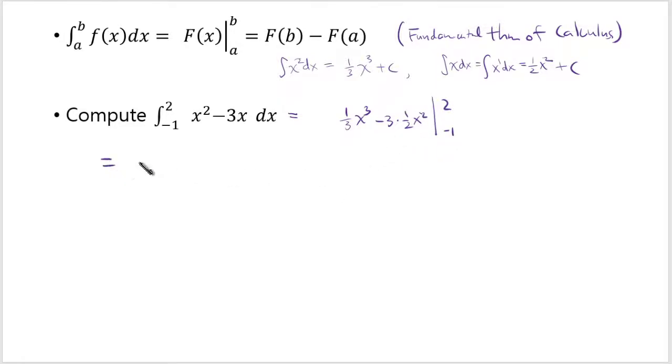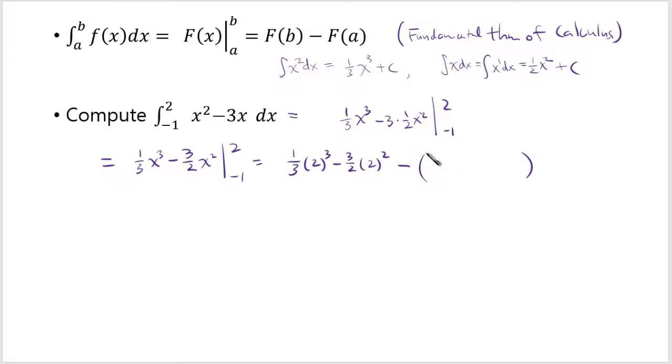Let's simplify this before we actually evaluate. So it's 1/3 x cubed minus 3/2 x squared, and you have to evaluate at 2 and -1, which means first you have to plug in 2, and then subtract. And it's very important that when you subtract, you put the parentheses, or else it's so easy to make a sign mistake.